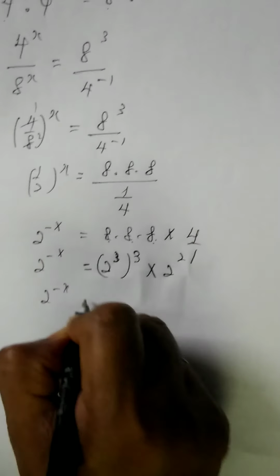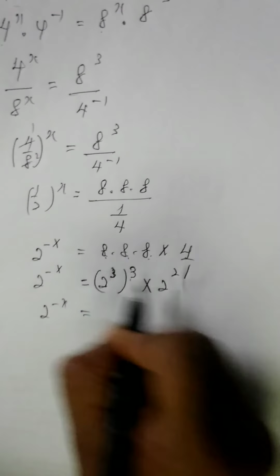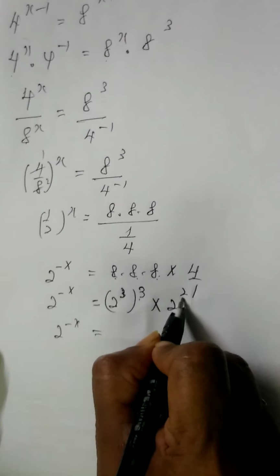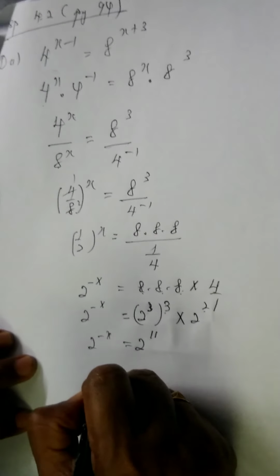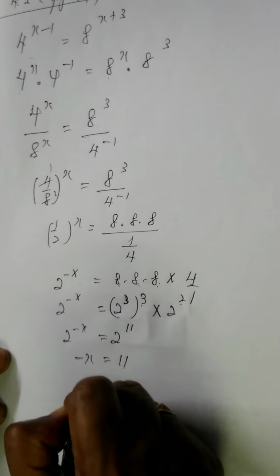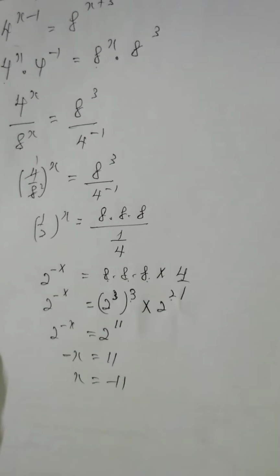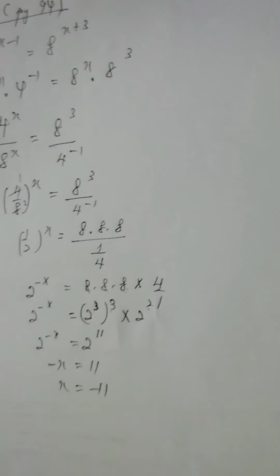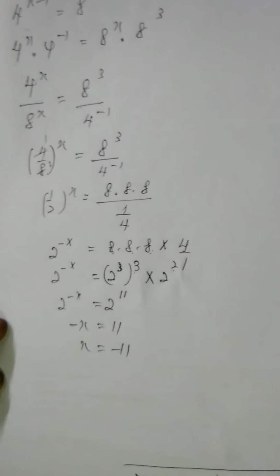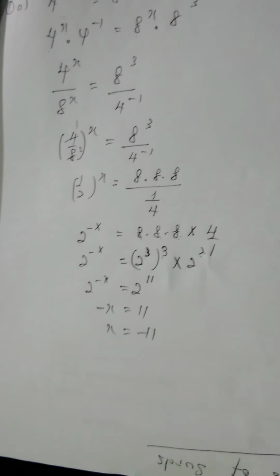So 2 to the power of negative x. This will be 9, and there's a 2 here. So you get 2 to the power of 11. So negative x is 11. x is negative 11. Okay? Alright. Thank you.